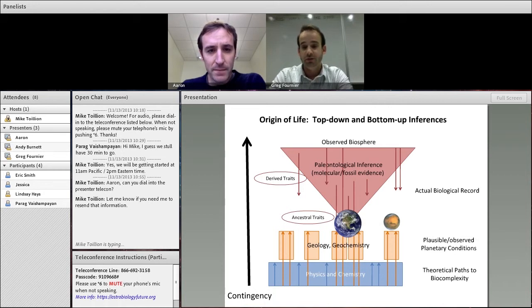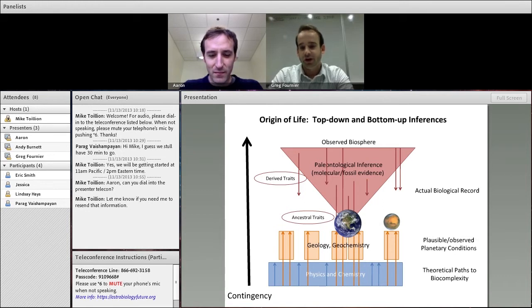Or you can do bottom-up, and that's the idea of starting from a set of first principles and trying to infer what the environment would be like at the time of the origin of life, what prebiotic chemical activities could have been going on, or even at a more abstract level, ideas of complexity theory of how do you get complex systems that can eventually evolve and become something that we would call life.